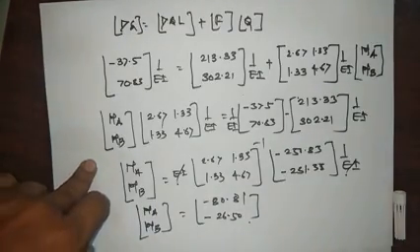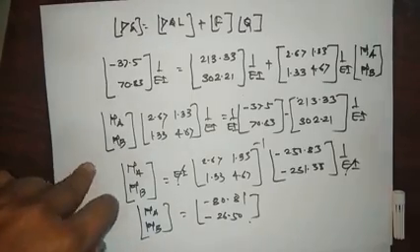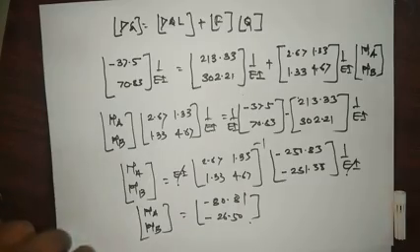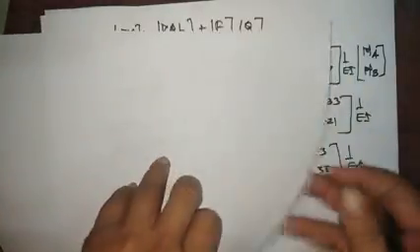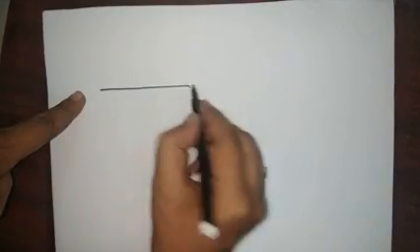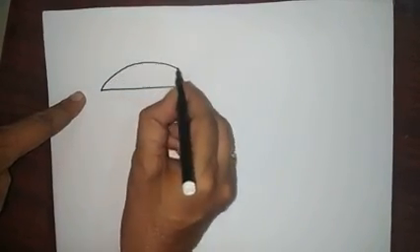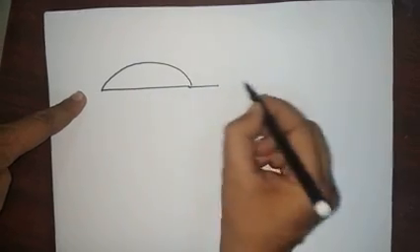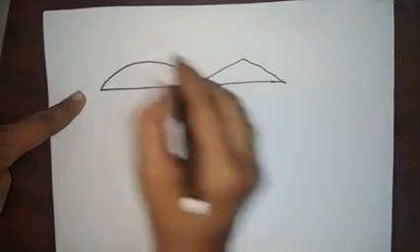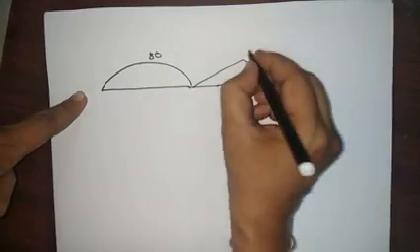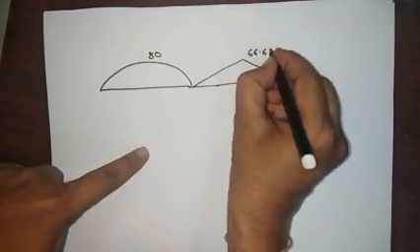So now we will draw the bending moment diagram here. So this is WL square by 8, and the second one is WAB by L. This is 80 and this is 66.67.